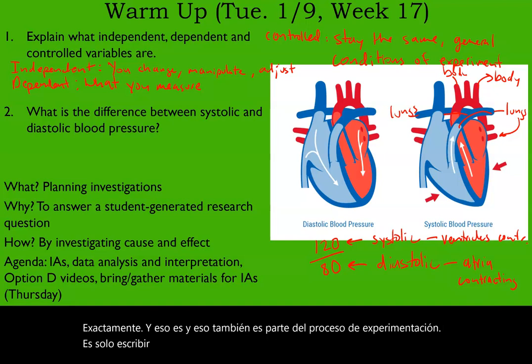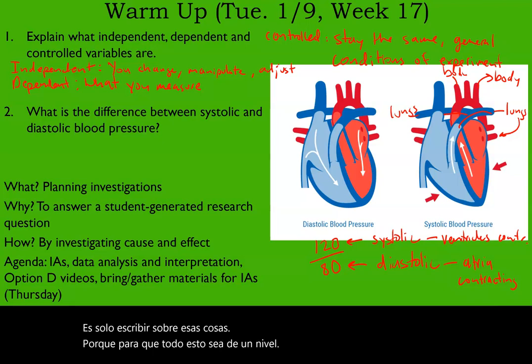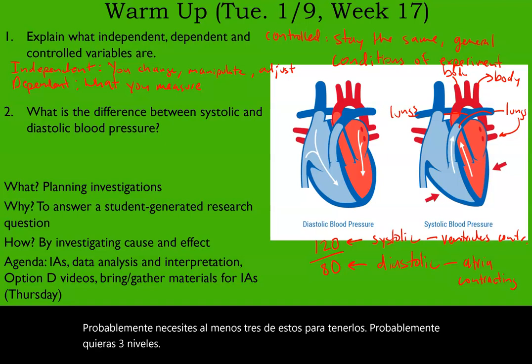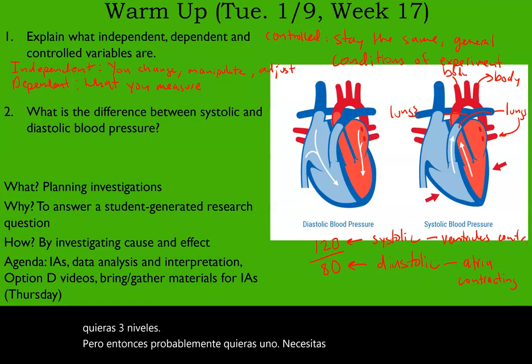Because for this whole thing to be one level, you need probably at least 3 of these, you probably want 3 levels. But then you need one with nothing. So that'd be only 2 levels of bleach.